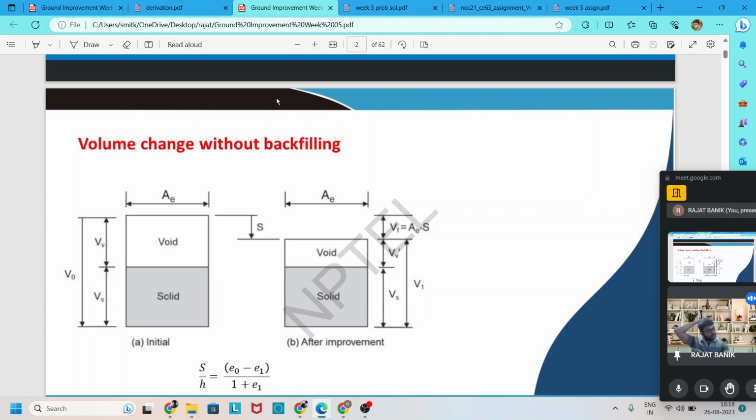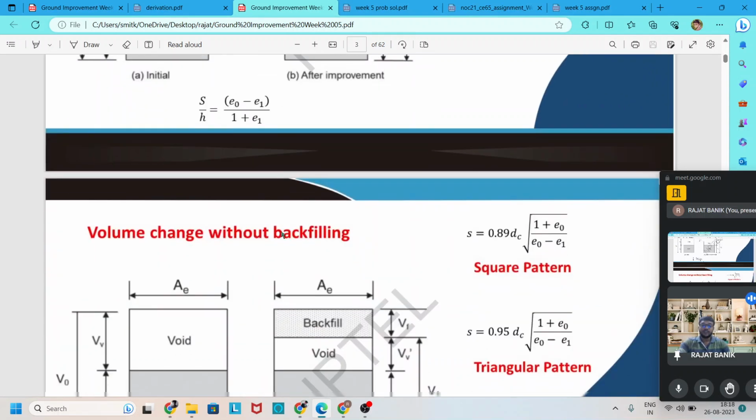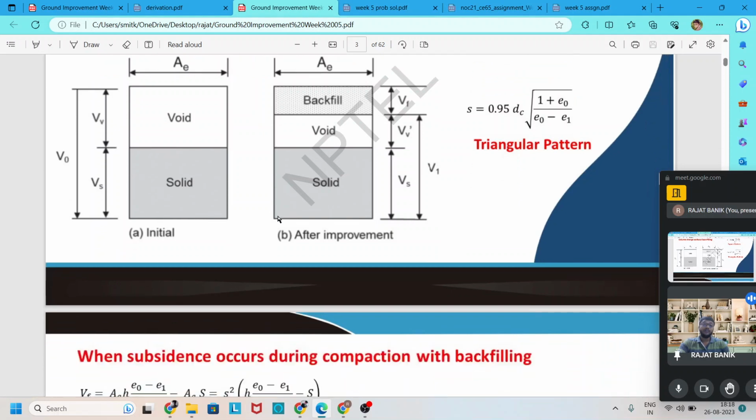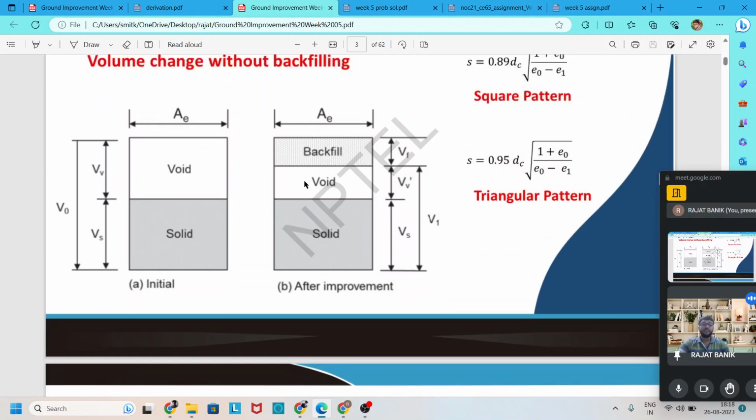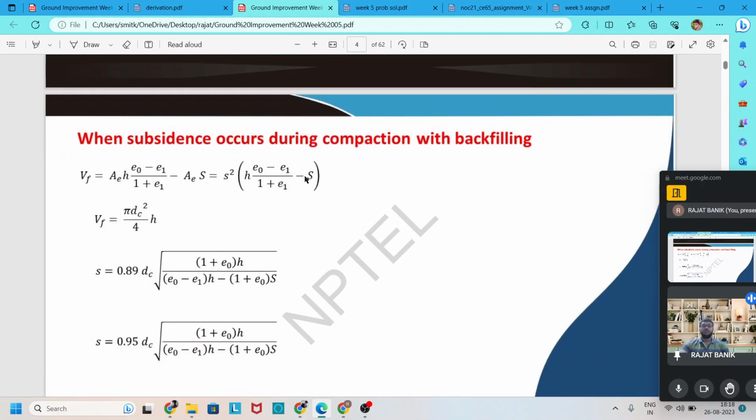And the third is that during the backfilling, the ground subsides too. By this derivation, three formulas are derived for ground subsidence: how much the ground subsides, how much volume is required for backfilling, and the corresponding spacing we require. And due to the subsidence during settlement, we can also find out the volume change.